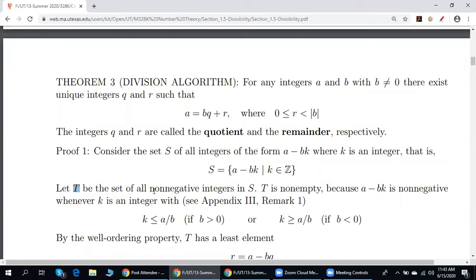Any questions here? So everything we just did so far was just to prove that T is non-empty?